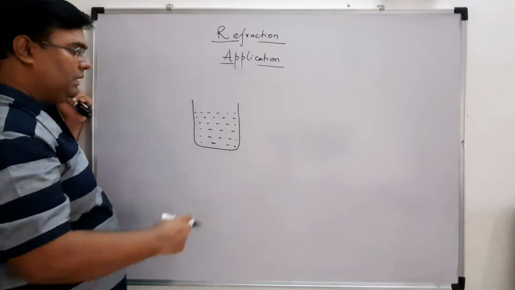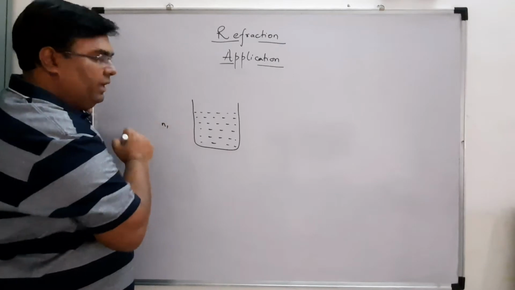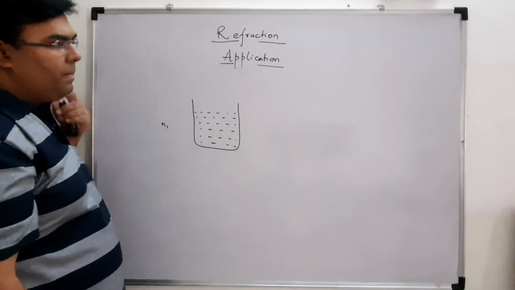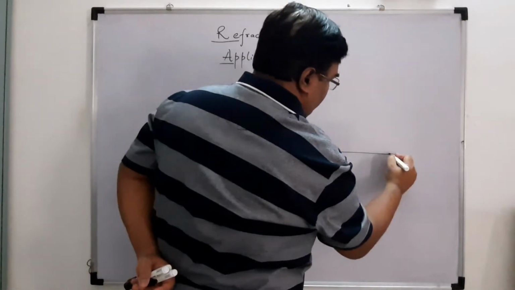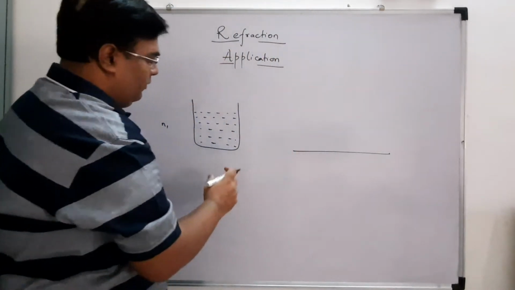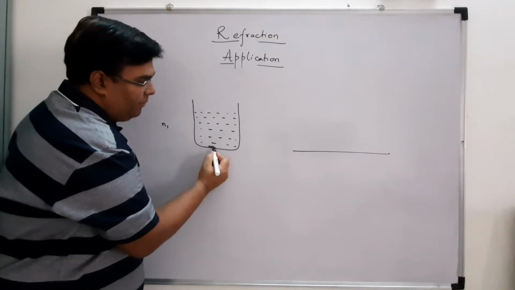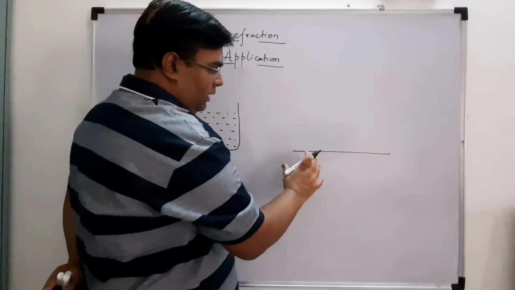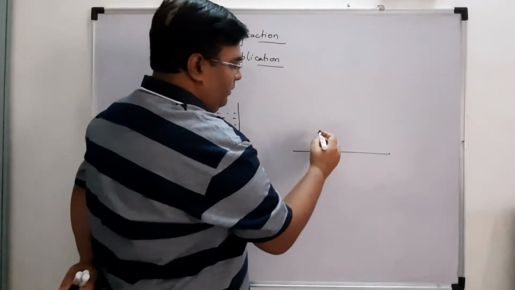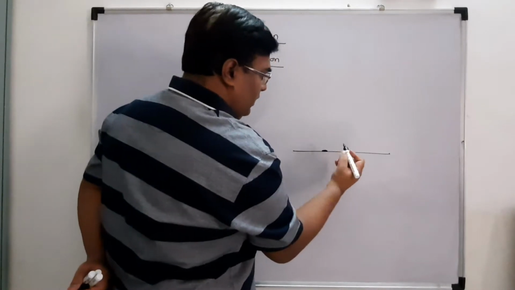Now this liquid has, suppose, refractive index n1. Or the same case, suppose on a table, one more thing, let us put a coin at the bottom.